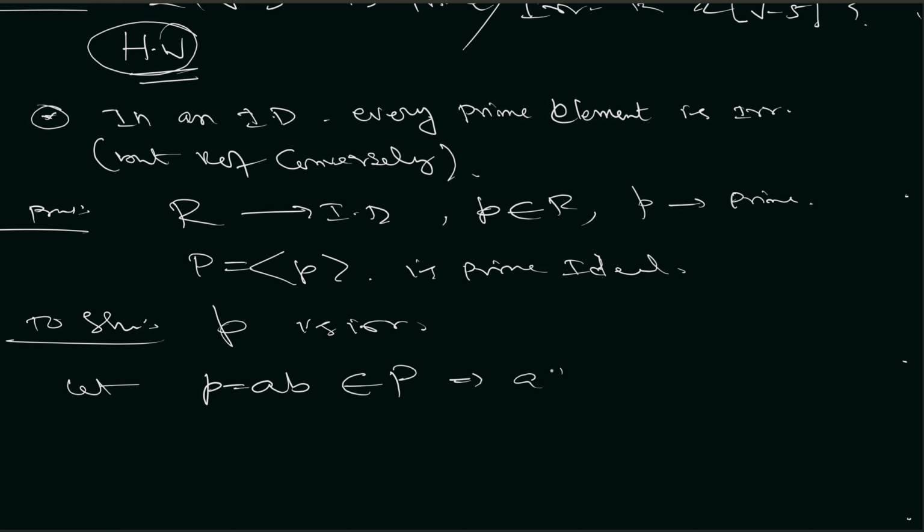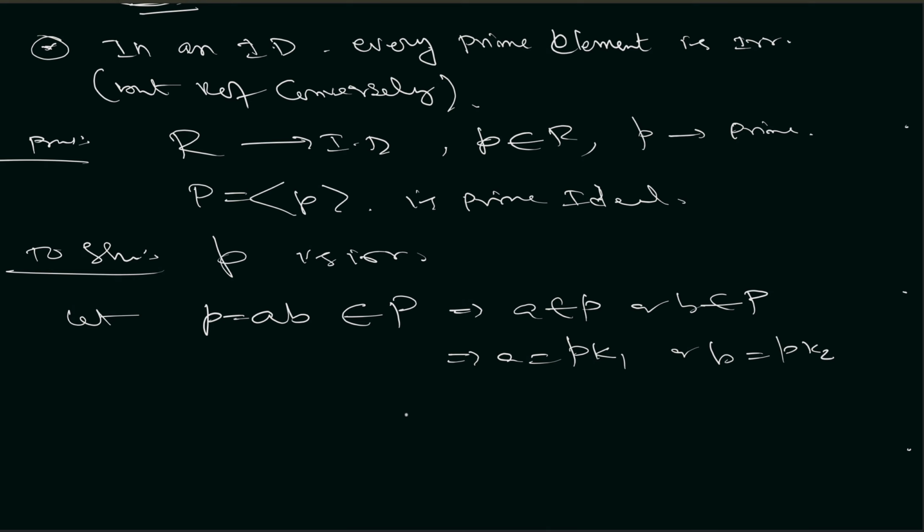This implies that either a is in (p) or b is in (p). This implies that a equals p k1 or b equals p k2 for some k1, k2. So p equals ab, and you can write the value of a here: p k1 times b. This implies that p times (1 minus k1 b) is 0.